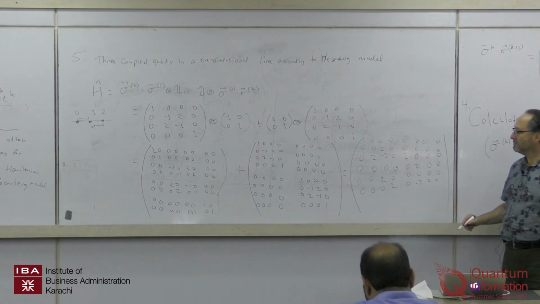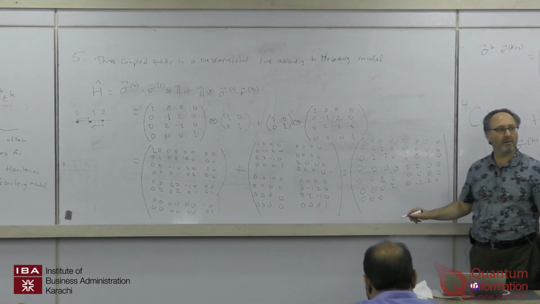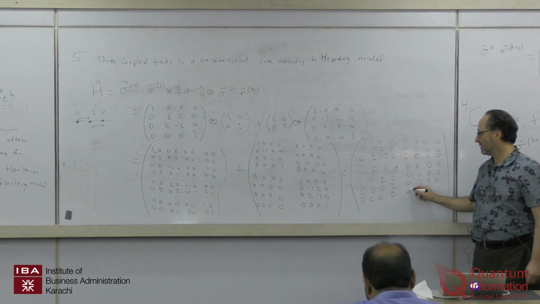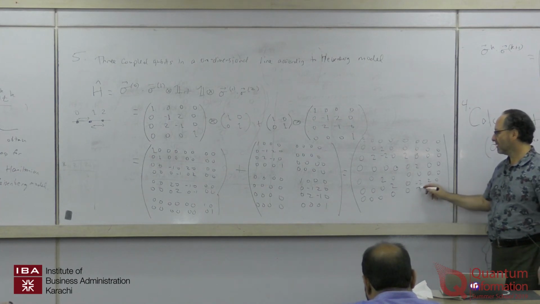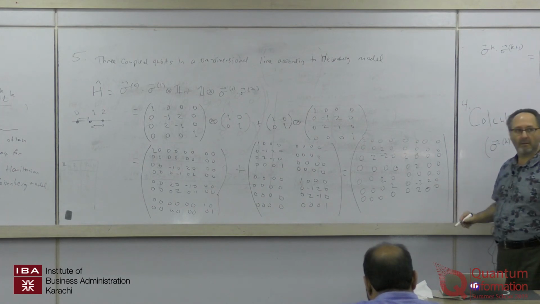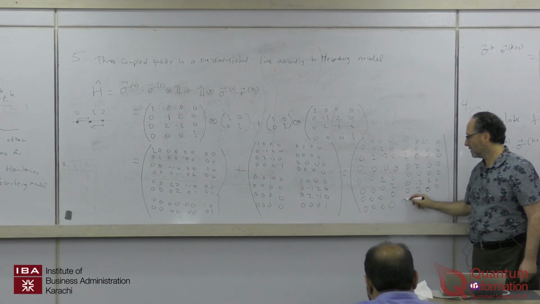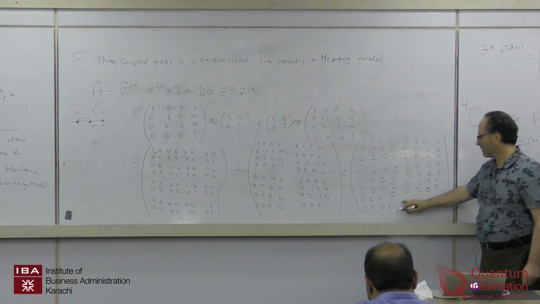Next: 0, 0, 0. 5 zeros. 2, minus 0, 0. Not minus 1. Next: 0, 0, 0, 2. Last one. And then the last one is 2.